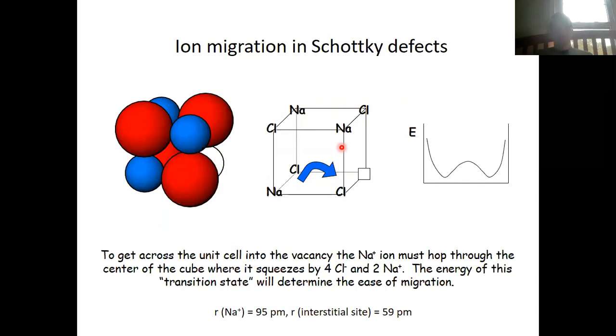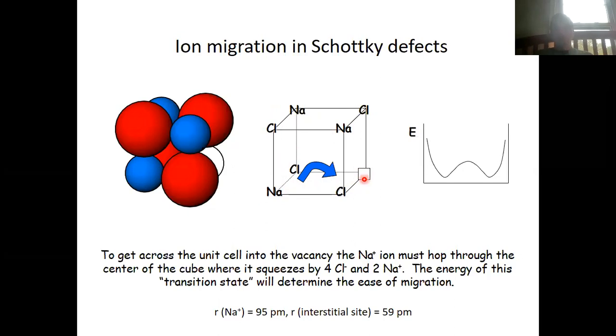Okay, so in this excerpt, the sodium ions occupy 50% of the corners, and the chloride ions occupy the other 50% of the corners, but one sodium ion is missing. Of course, there must be also a chloride ion missing somewhere else in that crystal, but this is not shown here.